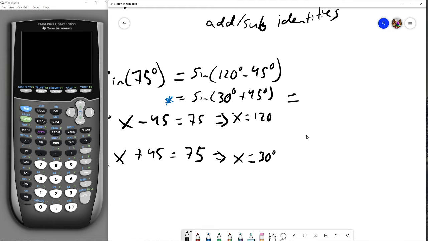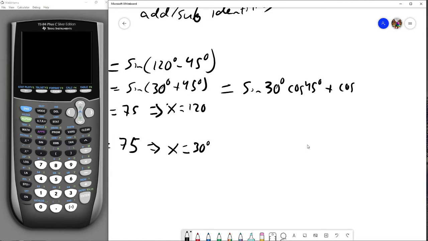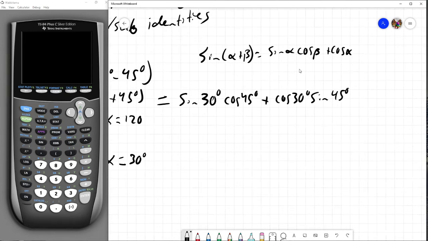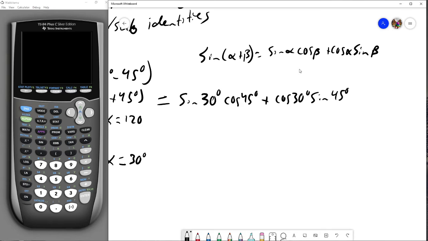So since sine of 75 is equal to the sine of 30 degrees plus 45 degrees, this is the same thing as sine of 30 degrees cosine of 45 degrees plus cosine of 30 degrees sine of 45 degrees. So we're using this identity: sine of alpha plus beta is equal to sine alpha cosine beta plus cosine alpha sine beta. Alright.